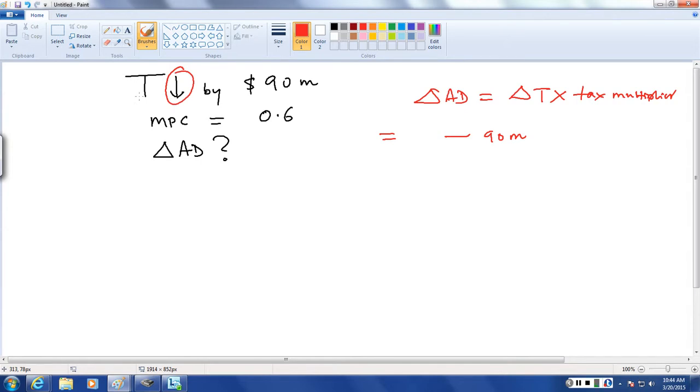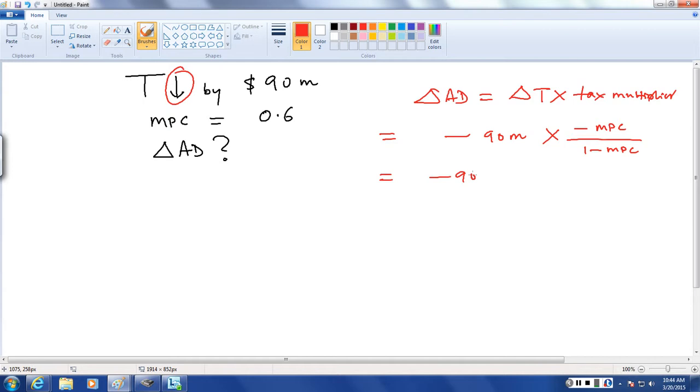Is that right? So minus 90 million times, what's the tax multiplier equal to? Tax multiplier, remember, is negative MPC divided by 1 minus the MPC, which we've established in our previous slide. So what is that equal to then?